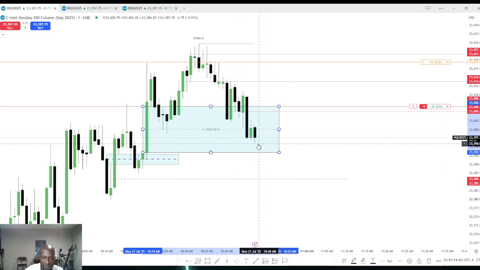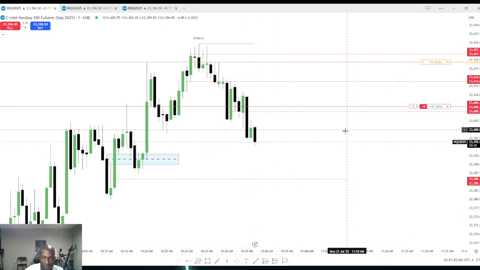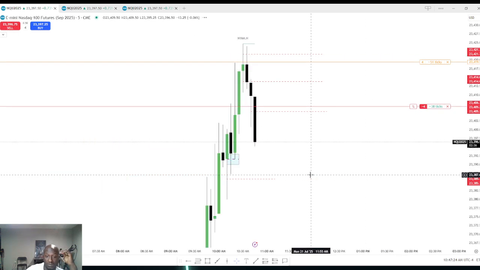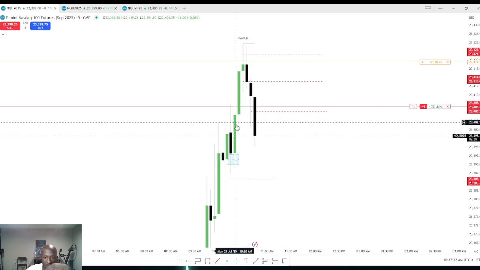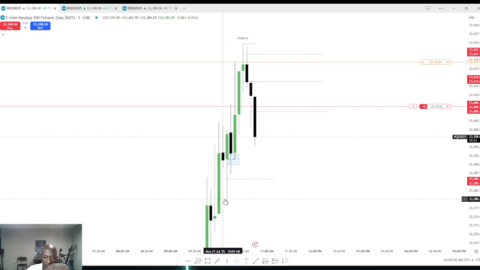So the only thing still open is from here to there. Like I said, I want to see this closed over. Well, we're below this wick. We're below consequent encroachment of this wick. Now I'm paying attention to this one and then this lowest one here.